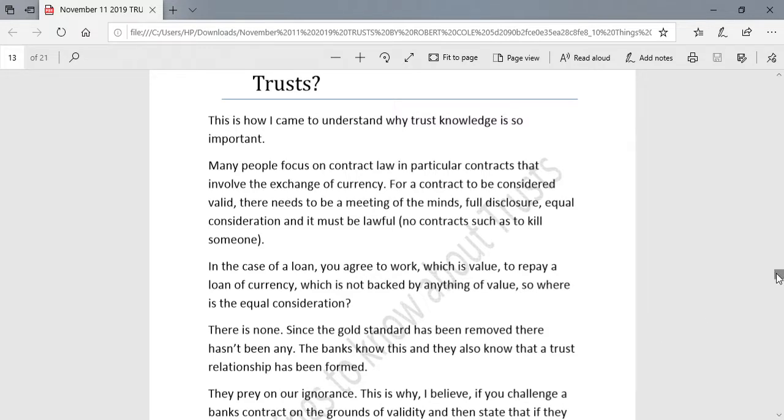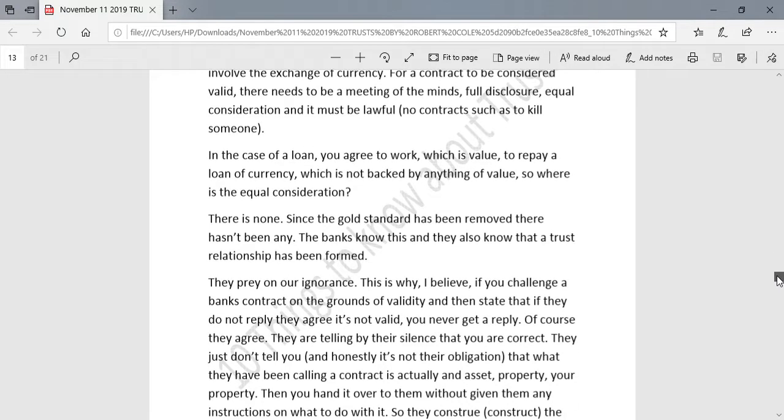This is why I believe if you challenge a bank's contract on the grounds of validity and then state that if they do not reply, they agree it's not valid, you never get a reply. Of course they agree. They are telling you by their silence that you are correct. They just don't tell you, and honesty is not their obligation. That what they have been calling a contract is actually an asset, property, your property.